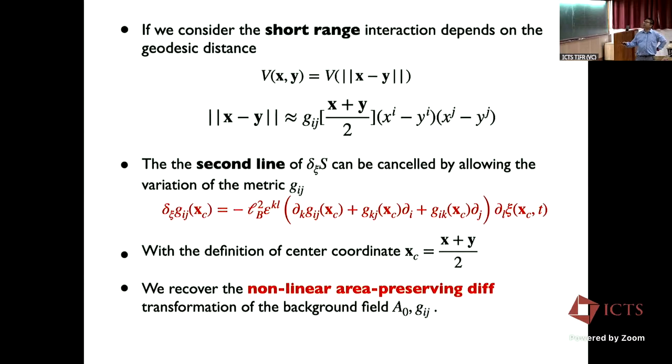Second of all, if you consider a rotationally symmetric, short range potential, you can write the distance in terms of this form: the matrix multiplied by the difference in the coordinates is the distance with a metric.